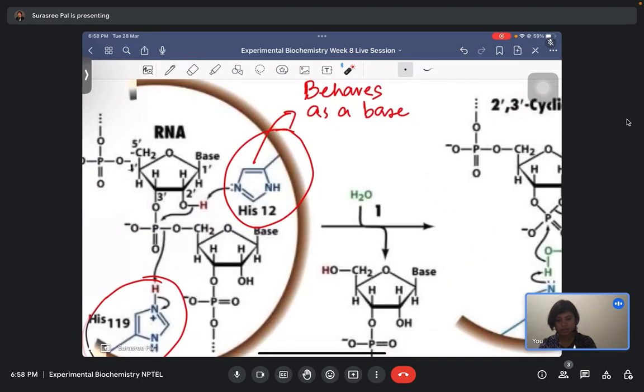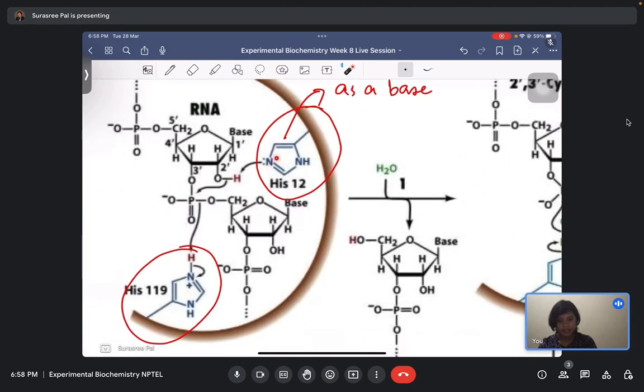If I zoom in a little bit, this electron pair is donated to the proton, and the proton becomes associated with histidine 12, and therefore this OH bond breaks, and now this O forms a bond with the phosphate group, right? From this phosphate group, there is this phosphodiester, or phosphoester, linkage here.